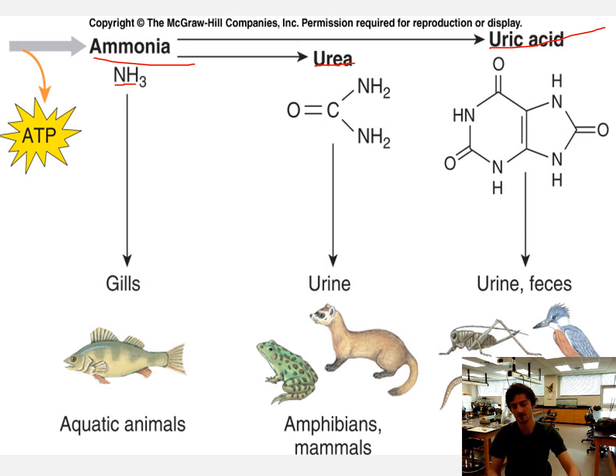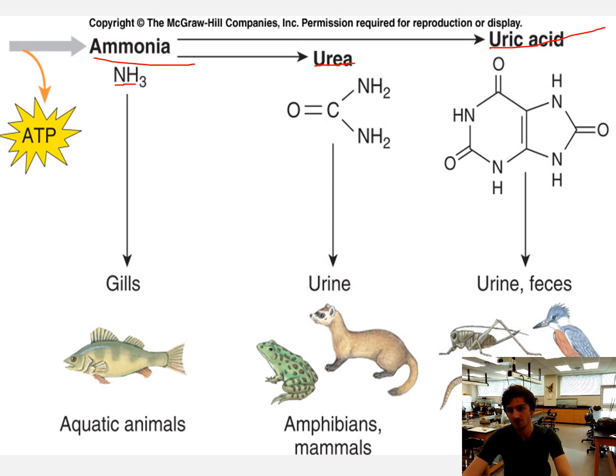This is one of the base products of metabolism, also one of the base products of creating nucleic acids. It's a very toxic substance, and so you can't really store this in your body. So we have a bladder. If we stored ammonia in our bladder, we would die from basically being poisoned by our own waste products.